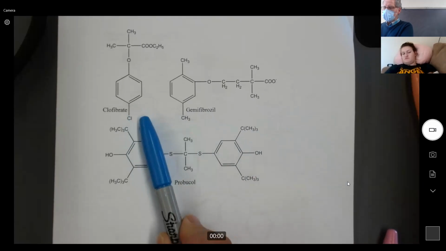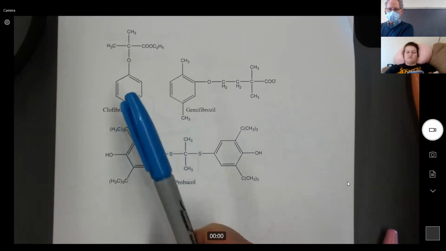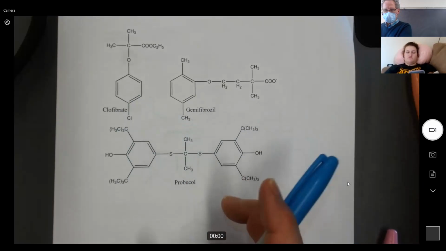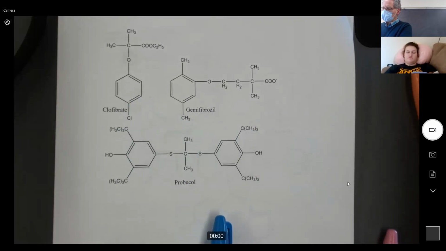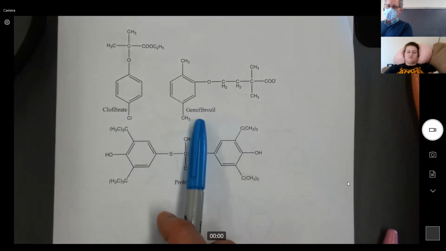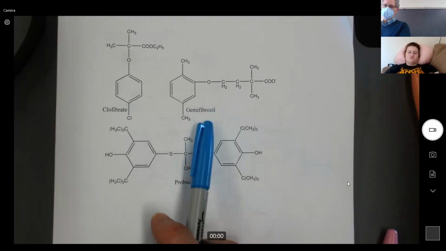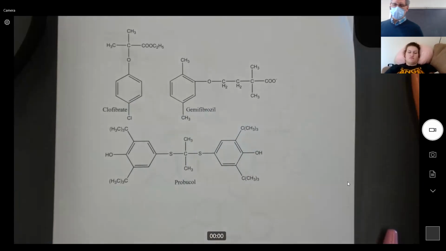Clofibrate was discontinued in 2002 due to adverse effects. Another one is not used anymore because it will lower HDL levels, but gemfibrozil is the fibrate that does have the demonstrated cardiovascular benefit. That's the one that's usually used.